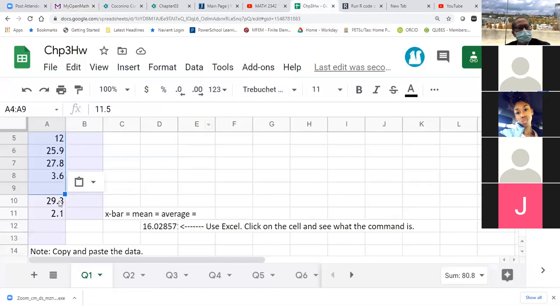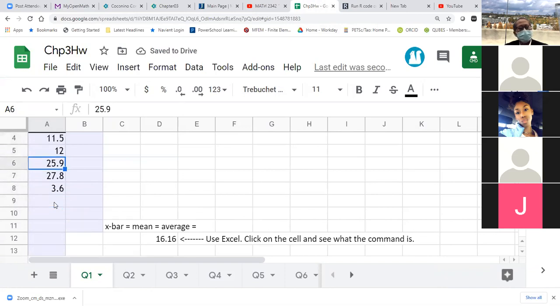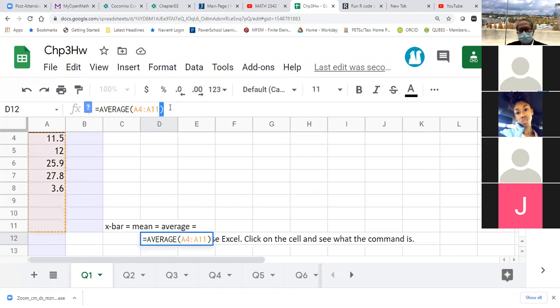So you need to erase this one. And then to find the mean here, you need to change the range, because now the range is from A4 to A8. So this one you need to change to A8.